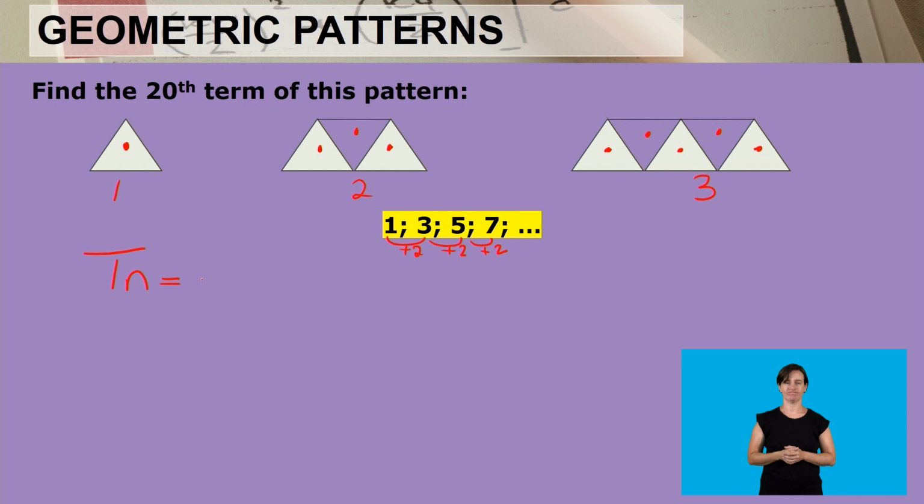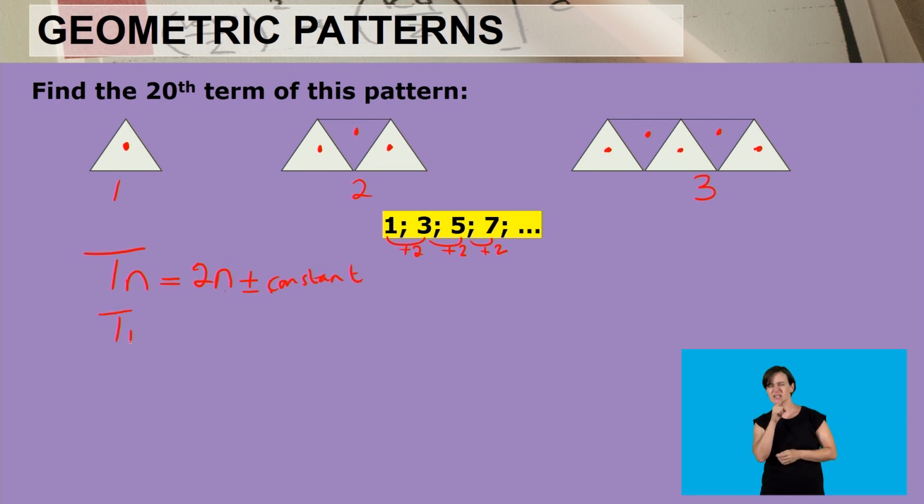So this is going to be now our term number or our figure number, and that is also represented by n. That is going to be multiplied by 2. So that is going to be the constant difference of 2 multiplied by our figure number or our term number, and we are going to add or subtract a constant value.